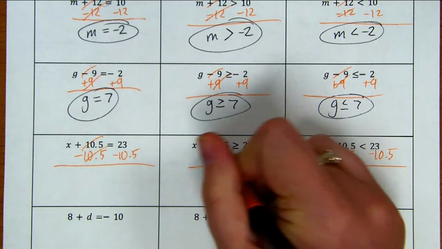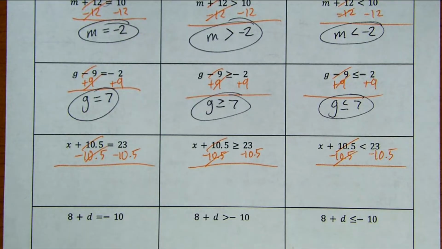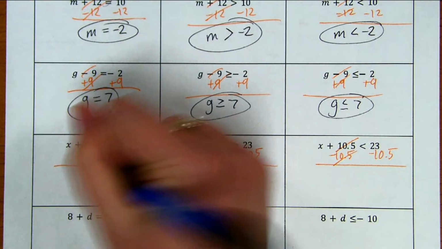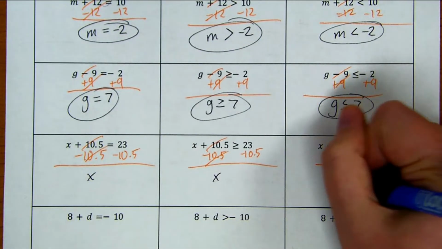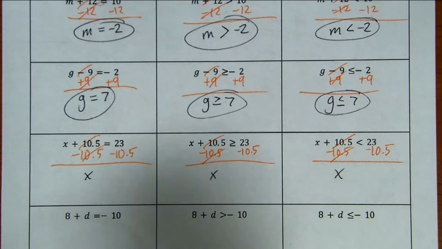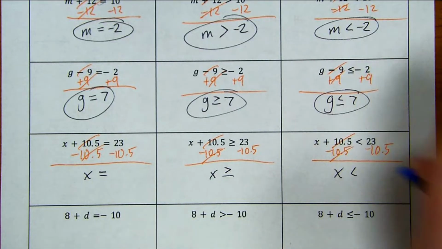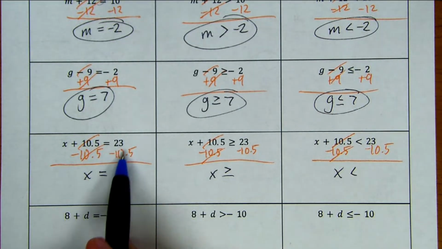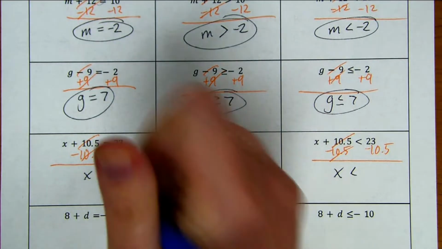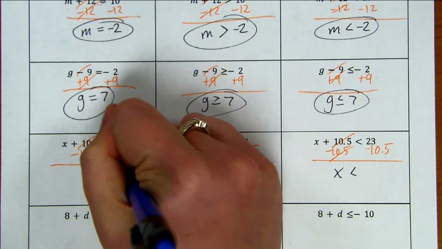So plus 10.5 minus 10.5 cancels out, so we're left just with x on one side. We'll have our equal sign or inequality sign brought down. And 23 minus 10.5, that'll leave us with 12.5.